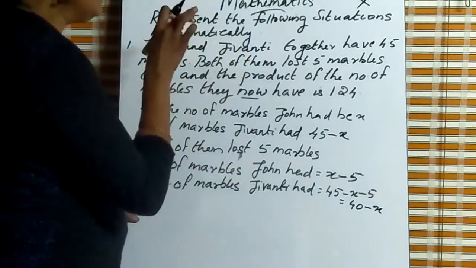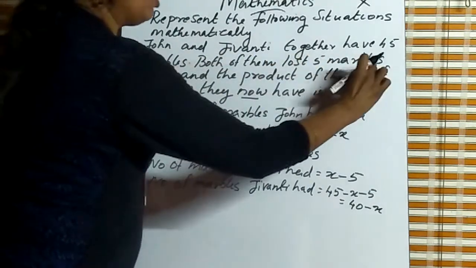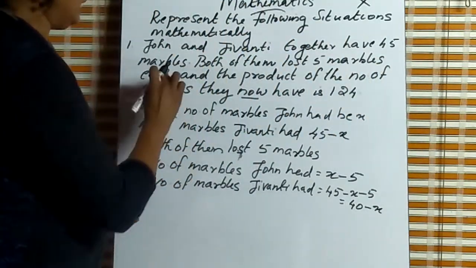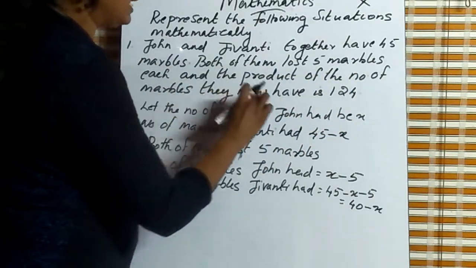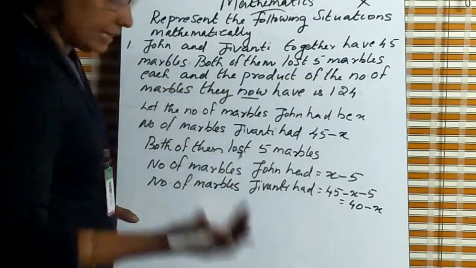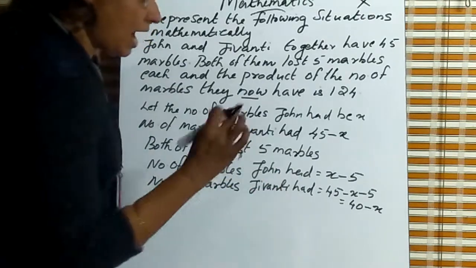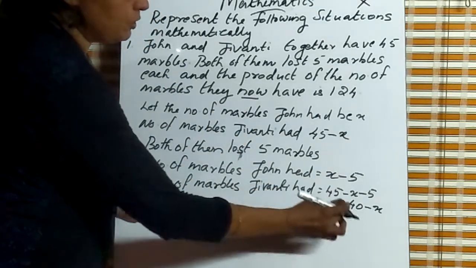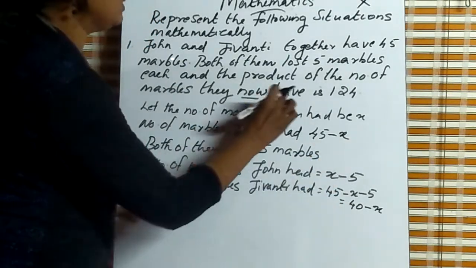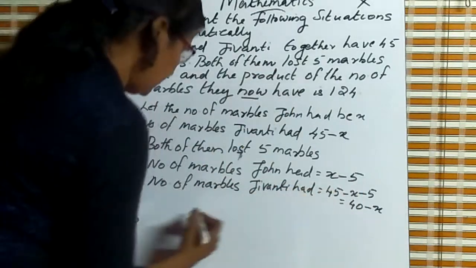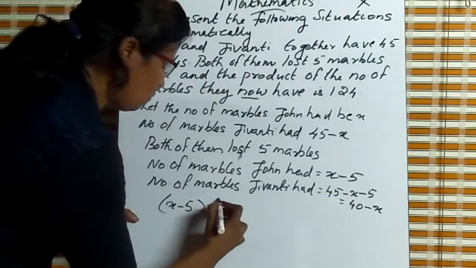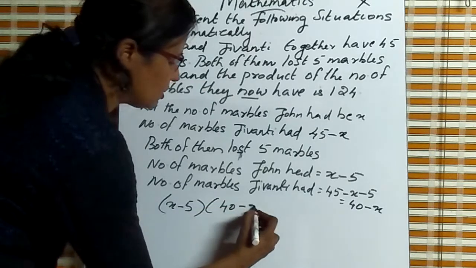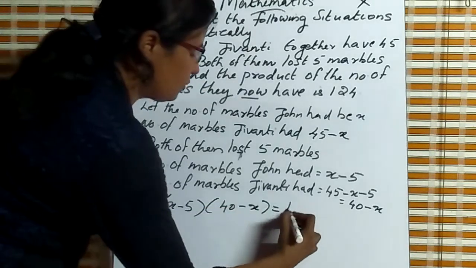When they lost 5 marbles, the product of the marbles they have is 124. That means x minus 5 into 40 minus x is equal to 124.